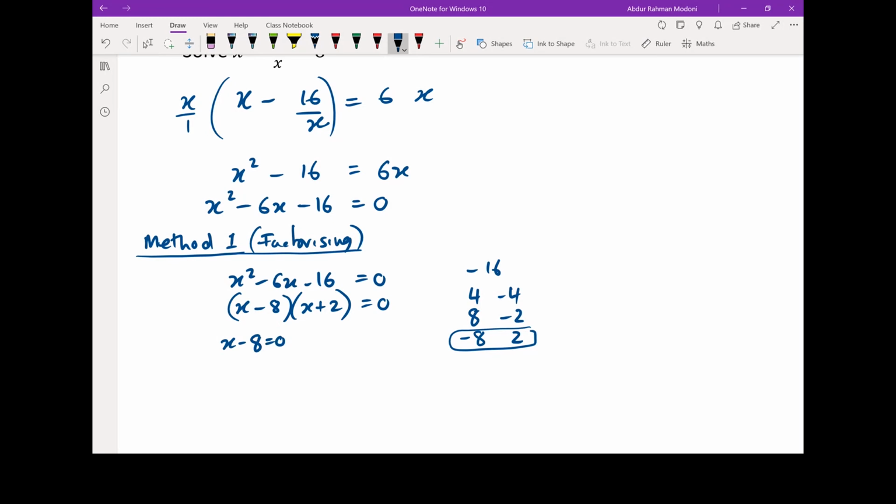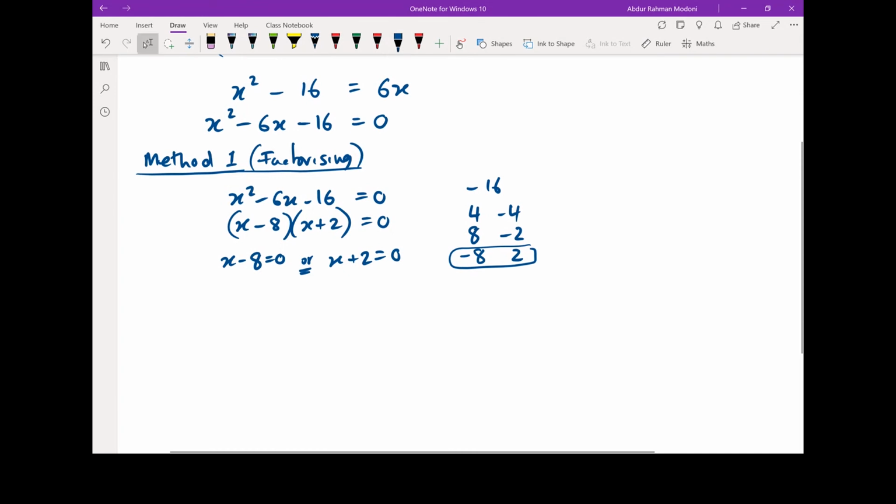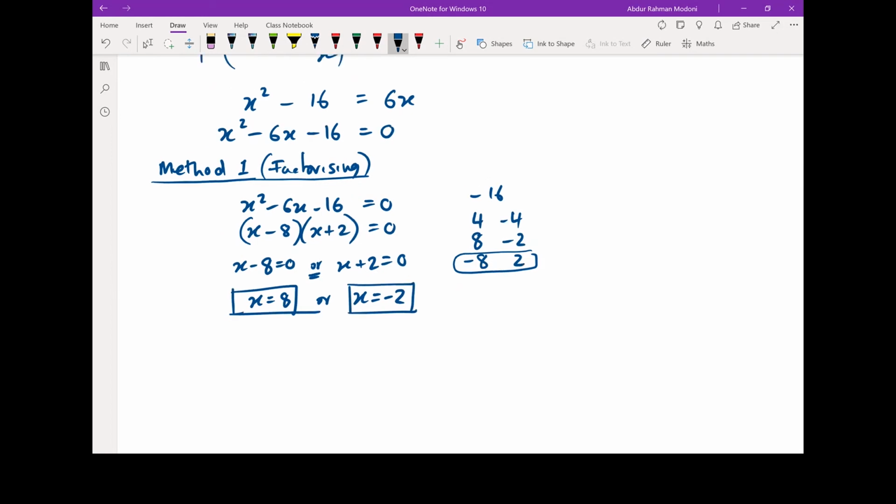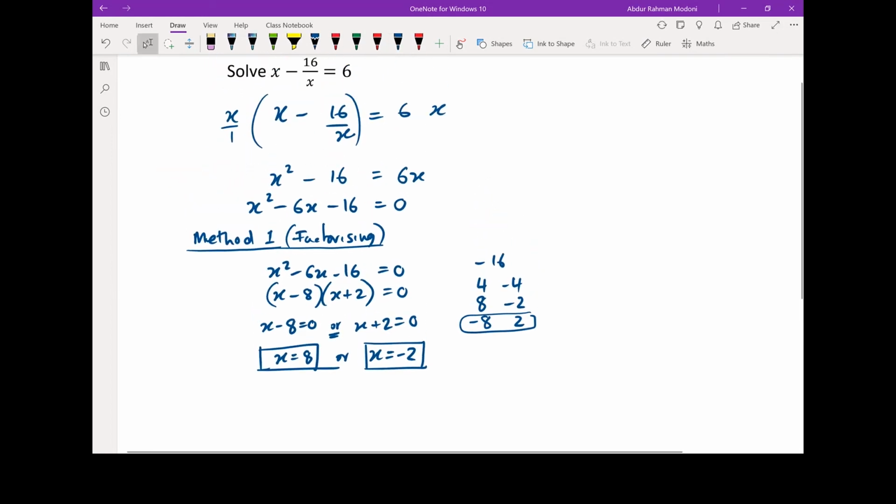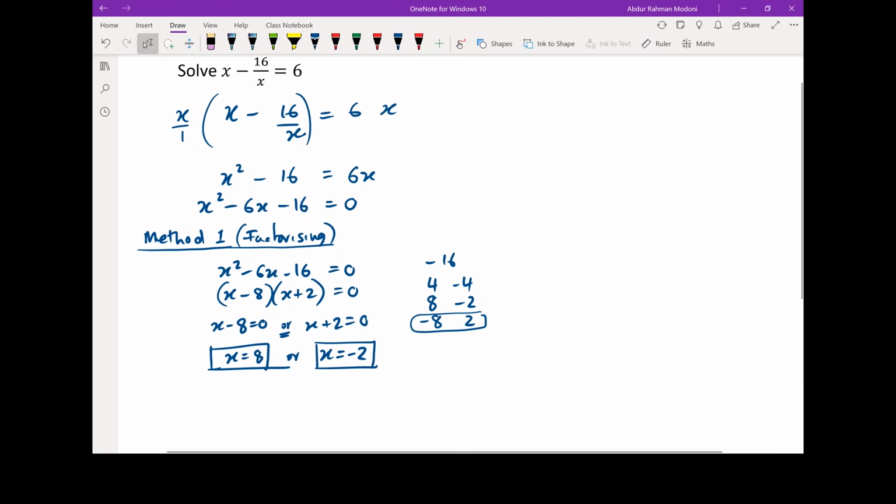One of the factors could be 0, or the other factor, x plus 2, could be 0 in order for us to get an answer of 0 when they are multiplied together. And this then gives us x is equal to 8, or x is equal to minus 2. So this is solving a quadratic equation by factorizing.